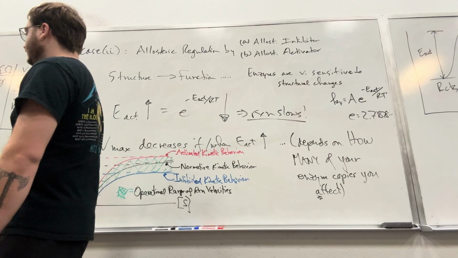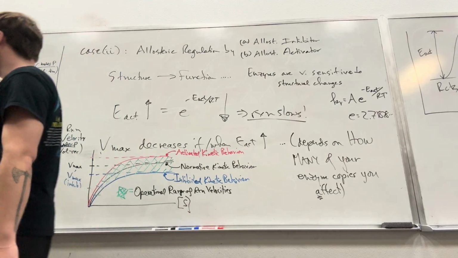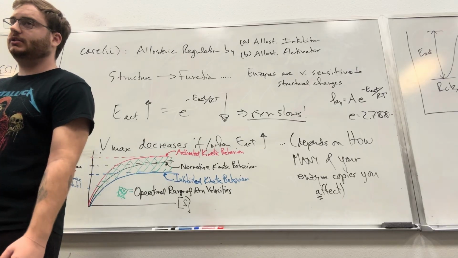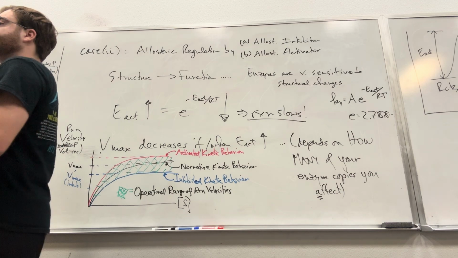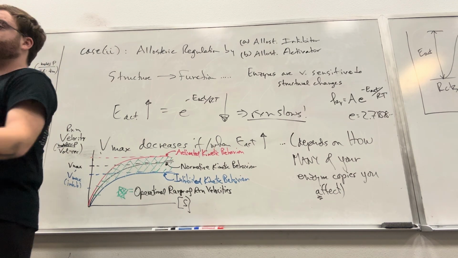Cool. So if I have a much higher probability of it working out correctly, then I'm going to produce more stuff faster.